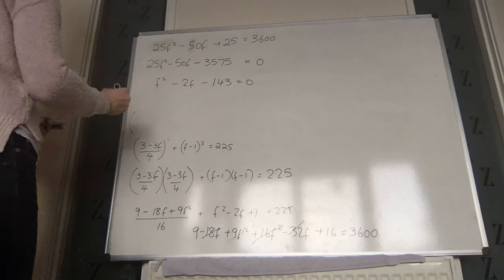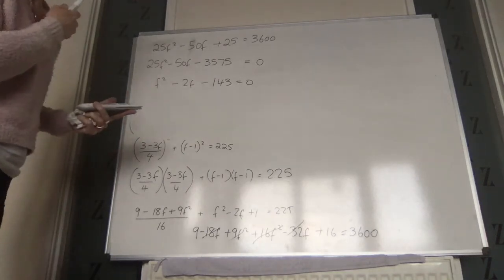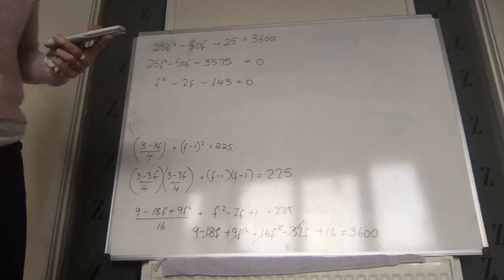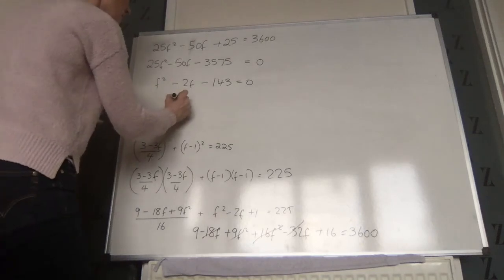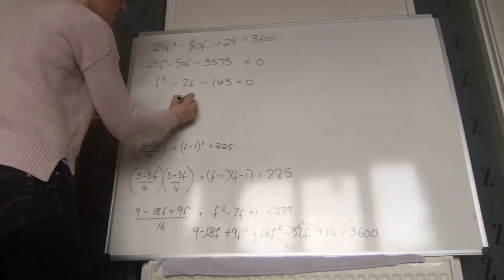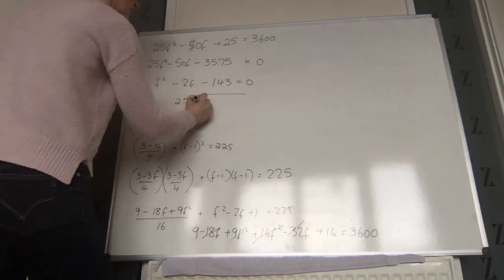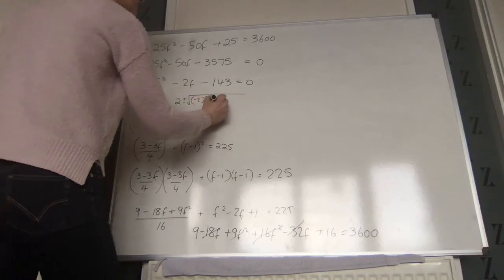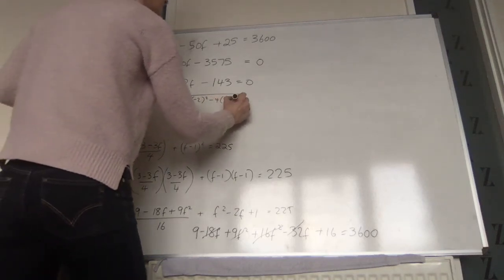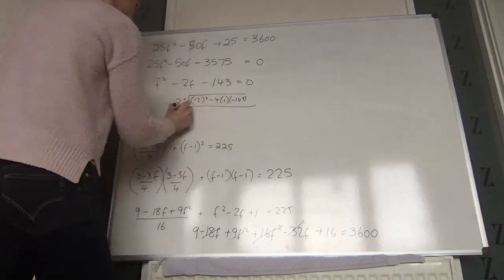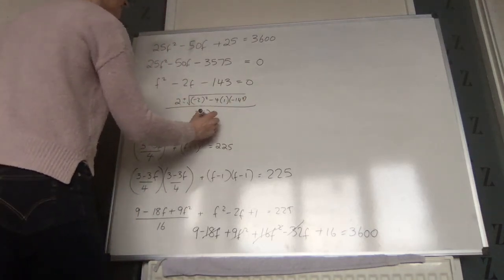Okay, so I'm just going to go straight with the minus b formula. So minus b, which becomes plus 2, plus or minus the square root of b squared minus 4 by a by c, all over 2a.